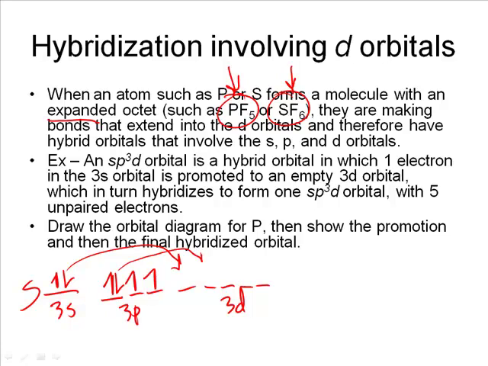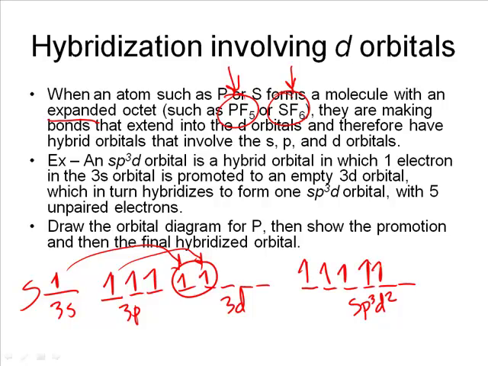This electron gets promoted up to here. Boom, boom. It's gone from here. It's gone from here. Now it needs to hybridize: sp3d2. Hopefully that helps you understand.